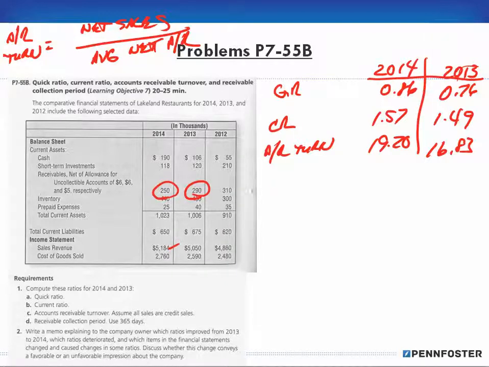And then lastly here we have our receivable collection period.